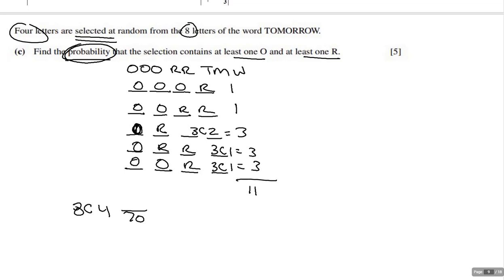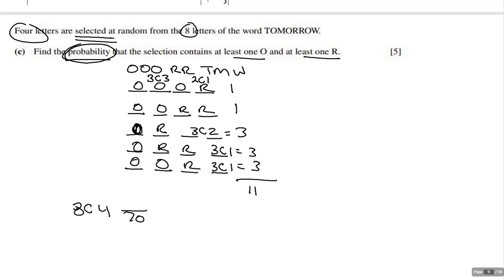And that means I have to treat each one of these as if they are unique. So how would I fill in these O's? 3 choose 3. That's the number of ways that I would fill in these O's. How would I fill in the R? 2 choose 1. Does that make sense?